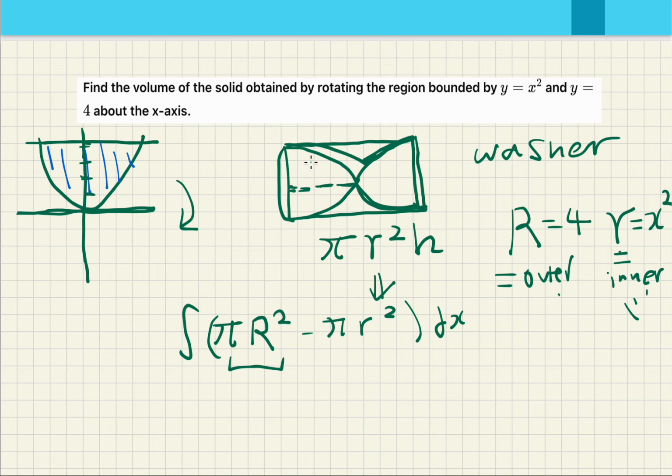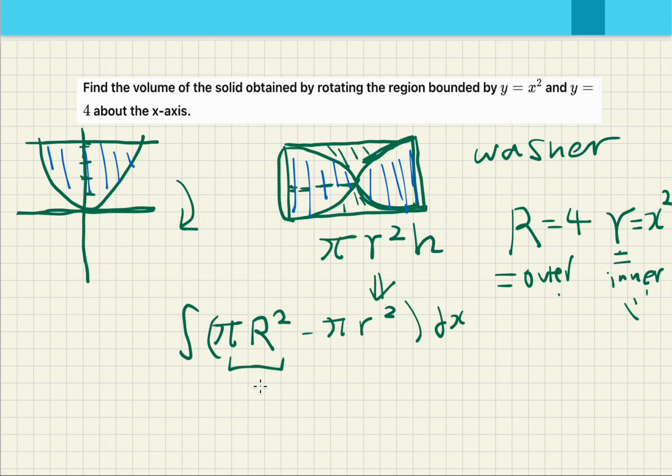And so when we take the volume of this large cylinder and we subtract it by the volume of this small cylinder, this space here, we get this solid which we're trying to obtain, the volume of this solid. And so when we subtract the larger cylinder by the smaller cylinder, which is this part, we get this blue part, which is what we're finding.